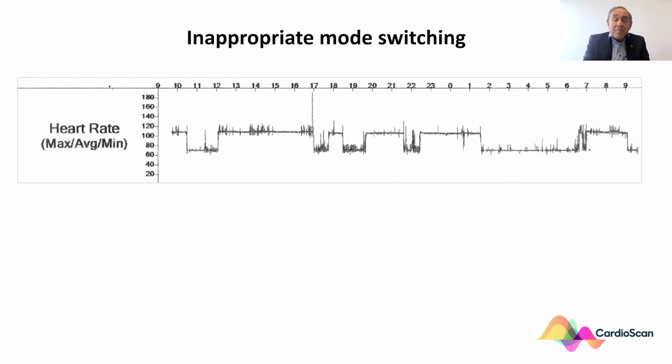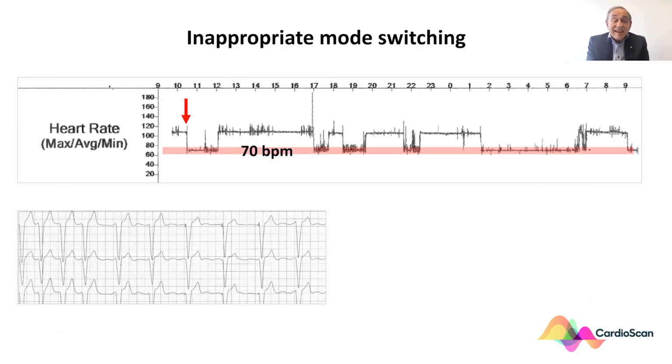Let's have a look at an example of a Holter monitor with inappropriate mode switching. This is a bizarre appearance to the heart rate histogram. We can see that there is a rate of 70 beats per minute for almost half of the study.